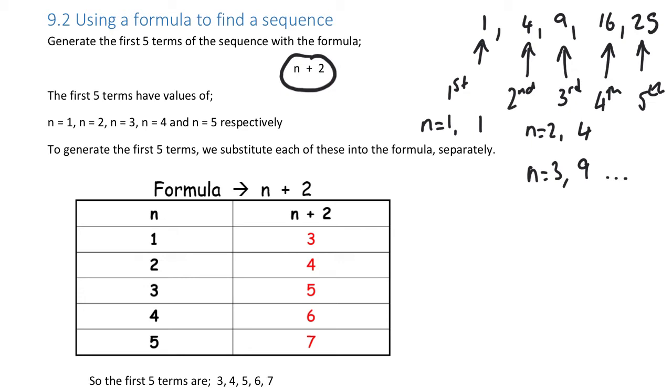We could, if we were really interested, work out what the 108th term would be, and that would be n equals 108. And then it's going to be 108 plus 2, which would be 110. So the first 5 terms, though, they are 3, 4, 5, 6, and 7.